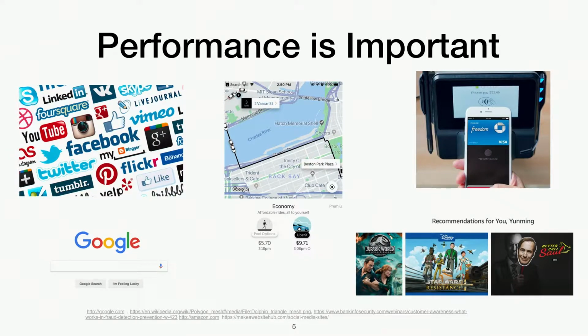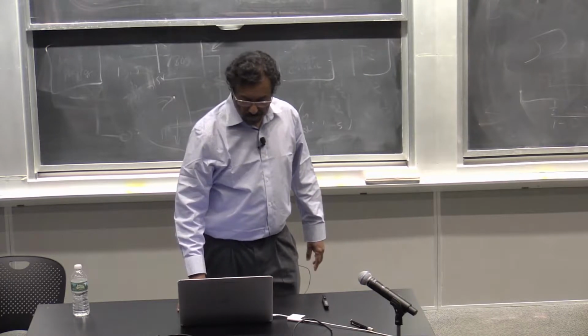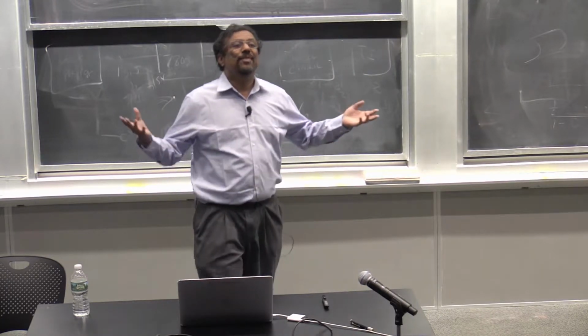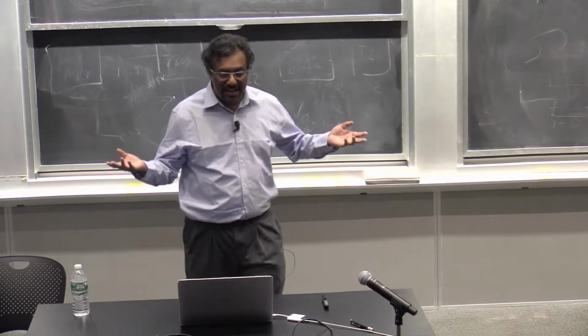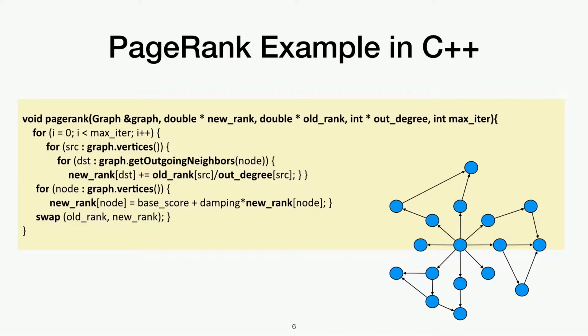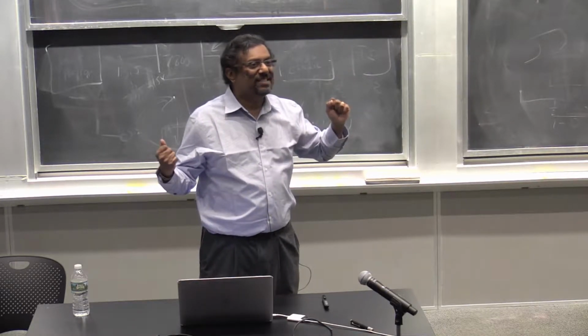So let me dive a little bit deeper to show what graphs mean, what graph processing means. One of the very well-known graph algorithms is called PageRank. Anybody know the history of PageRank? How many of you have heard of PageRank? Okay, what does Page stand for in PageRank?